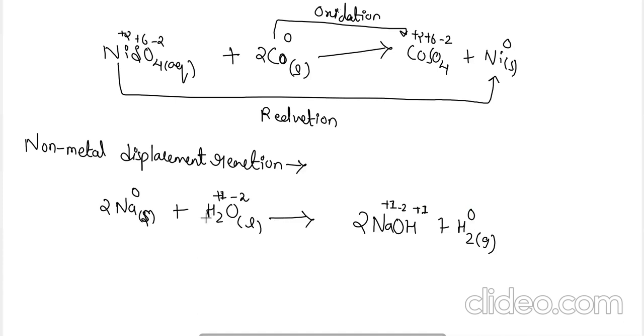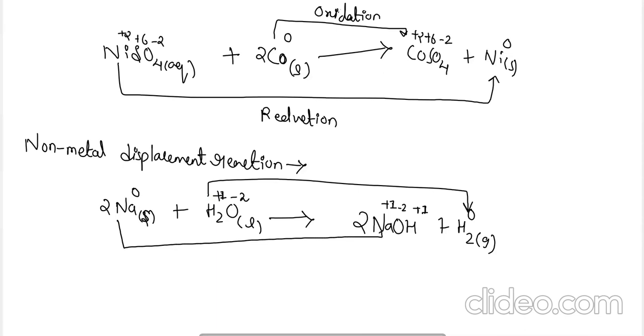Hydrogen's oxidation state in one case has been reduced from +1 to 0, and sodium's oxidation state has increased from 0 to +1. So sodium has undergone oxidation while hydrogen has undergone reduction to form hydrogen gas.